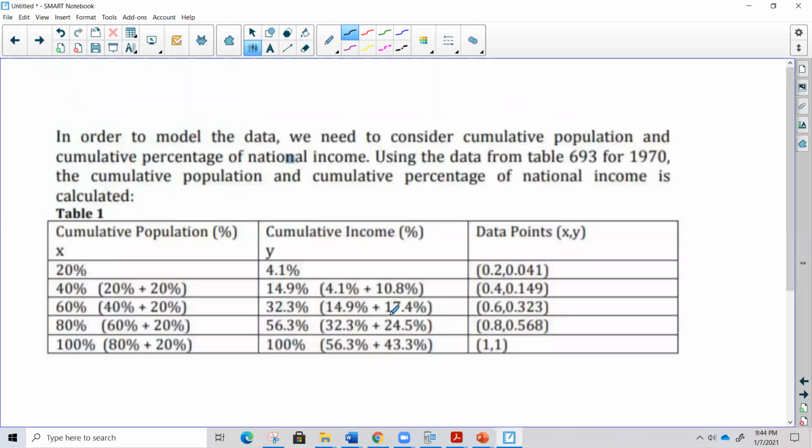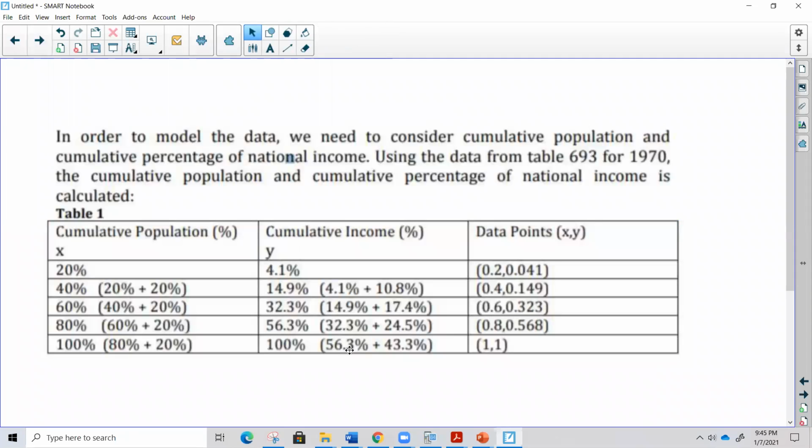Okay, so this is what they got here, and it should match up with what we have. And they just rounded the 56.3 and the 43.3 to 100%.